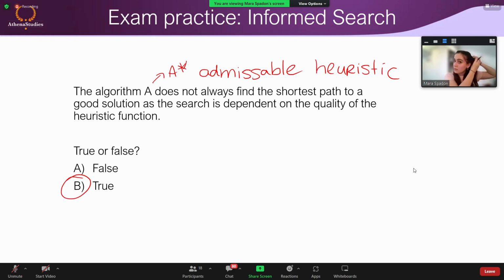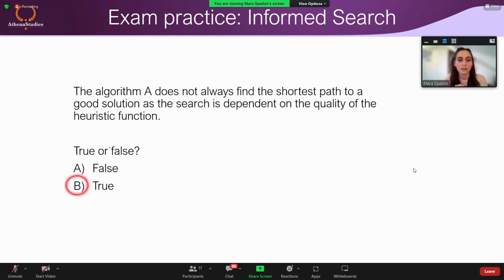If it's just an estimation based on received information, then it could be that it does not always find the best path. So that is indeed true. If the question was A star, then it would be false. But because we're talking about A search, it is true. Let's check our answer. Yes, it is true. So I feel like most of you chose true for that one. So that is correct.